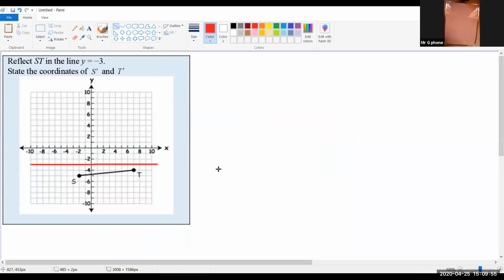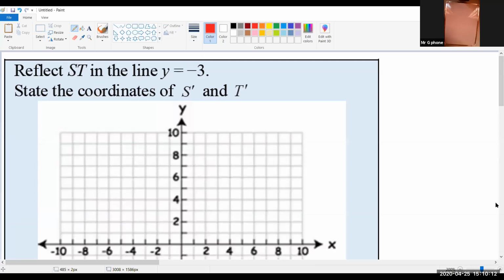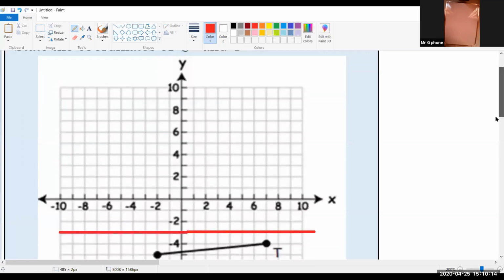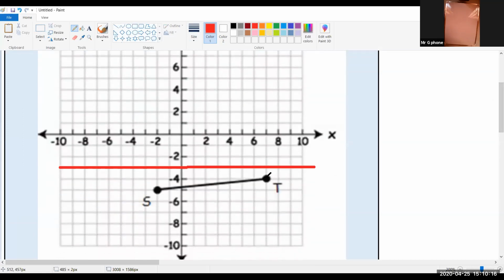So if we were to reflect this point now, let me use the red. So this is where T is. As you all can see, it's one block away from the mirror line. Let me zoom in a little bit. So that means that T is right here. T1, that is.